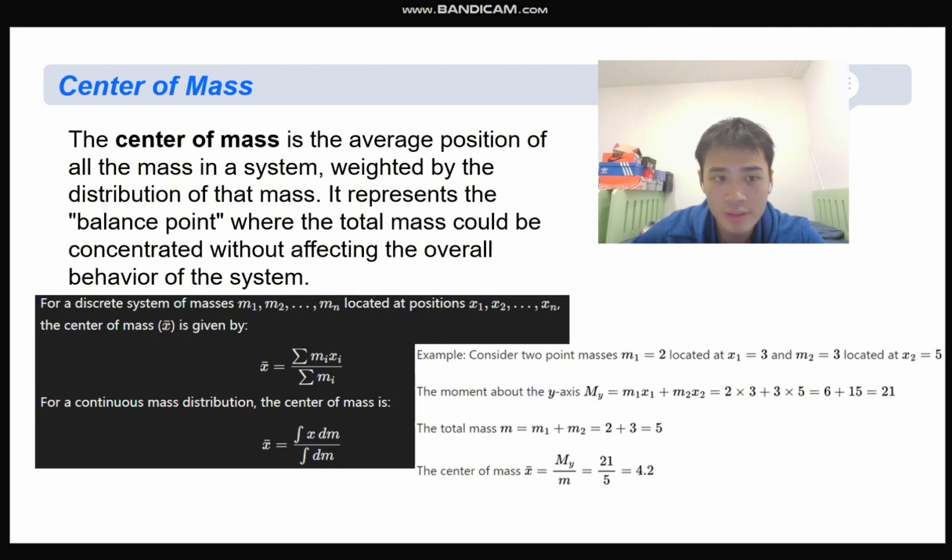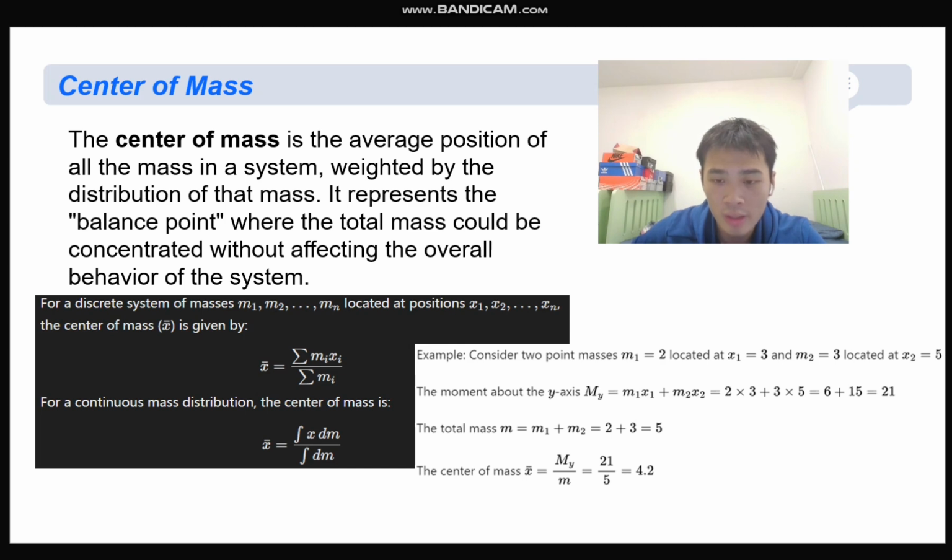So we also have an example to explain center of mass problems here. Consider two point masses, m1 equals 2 located at x1 equals 3 and m2 equals 3 located at x2 equals 5.